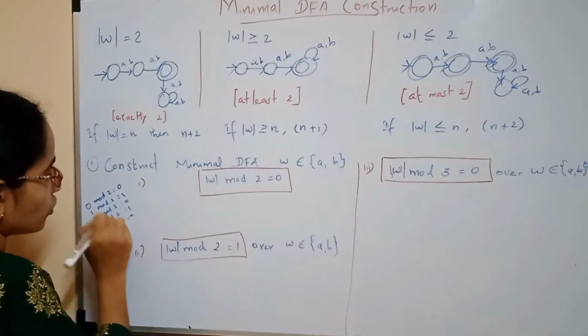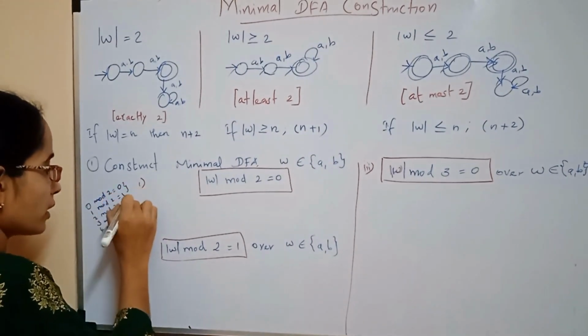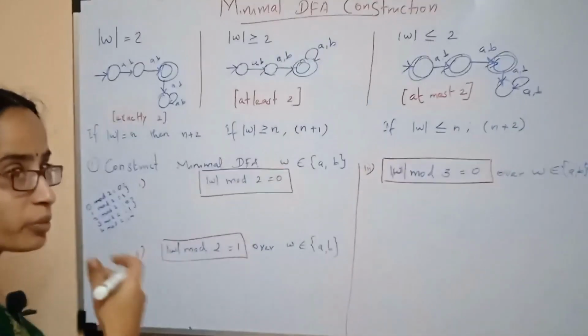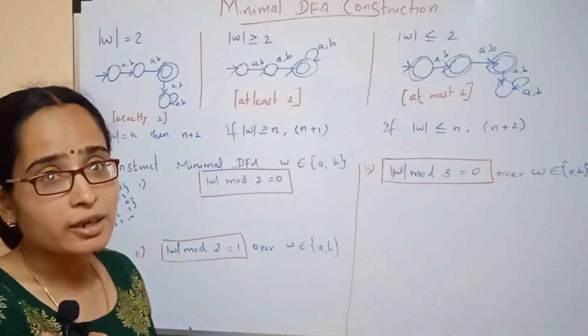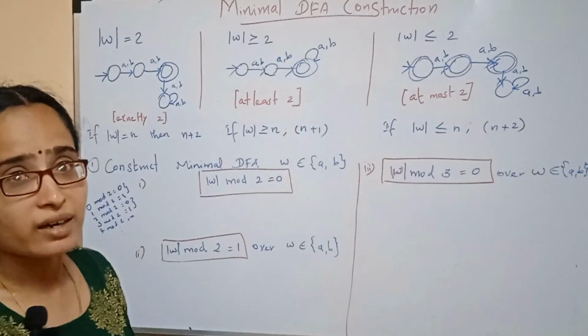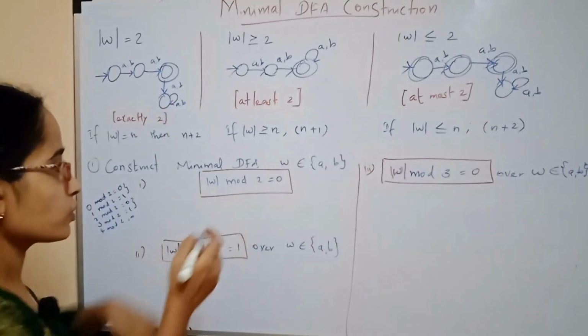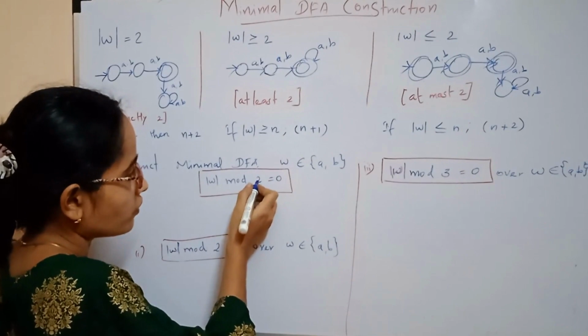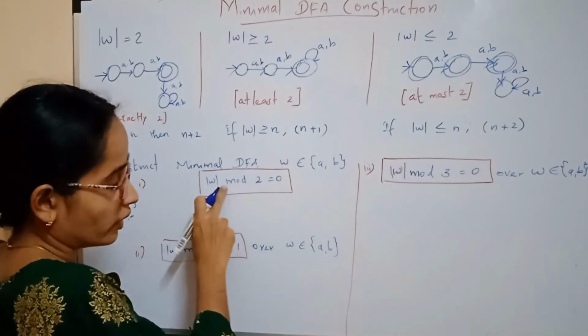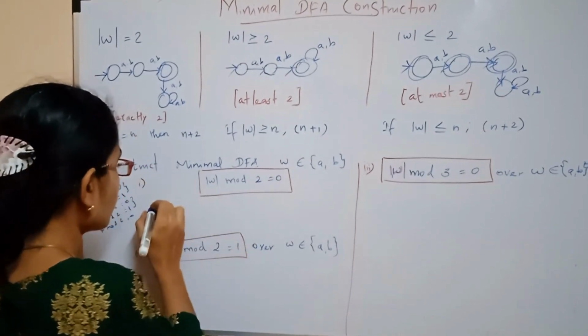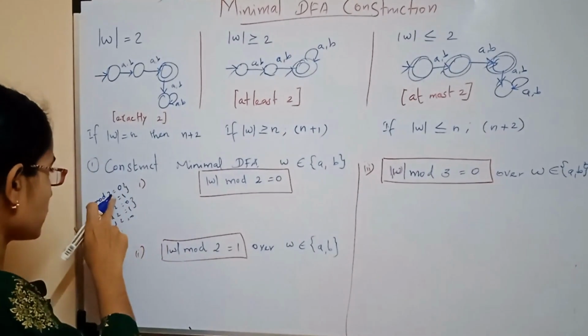Likewise it goes on, so 0, 1, 0, 1 repeats as the remainder. So when the length of w is divided by 2, the length should be divisible by 2. So what are all the lengths divisible by 2?